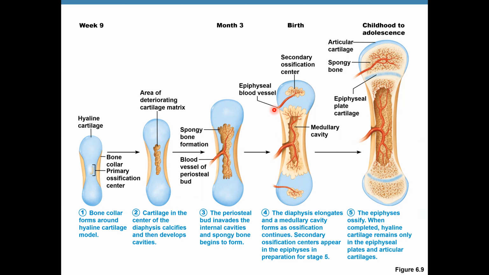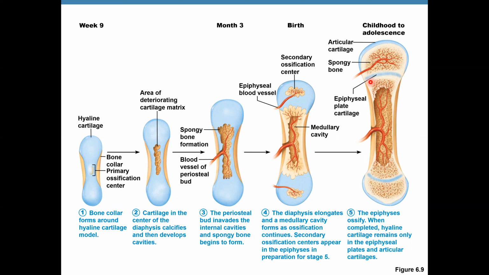At the same time, blood vessels start to invade this area of the epiphysis, right? And this is where the secondary ossification center appears. And at the end, the diaphysis is ossified, the epiphysis is ossified, right?